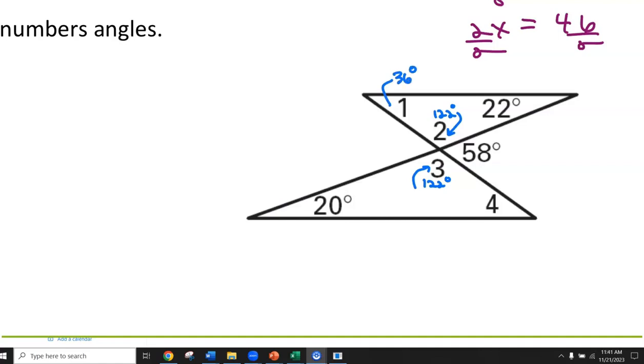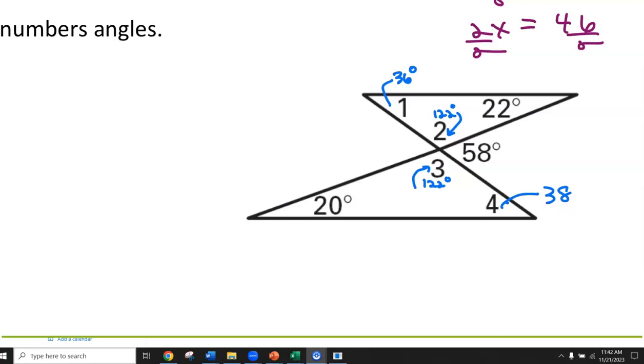What can I do for angle 4? Couldn't I say 180 minus 20 degrees minus 122 gives me an angle right here of 38. What else do you know?